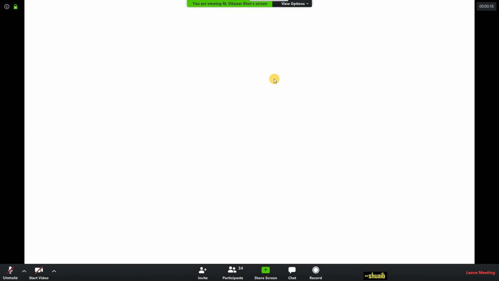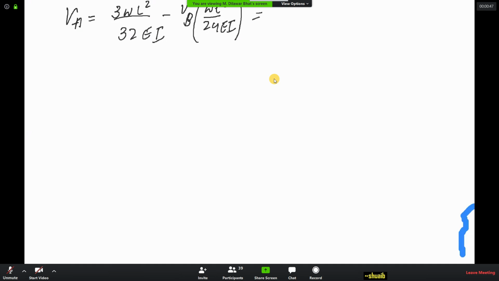Now here we have calculated the shear or reaction at point B, and the difference of the total load, which is WL square by 32 EI, minus VB, that is WL square by 24 EI, comes out to be 5 WL square by 96 EI.